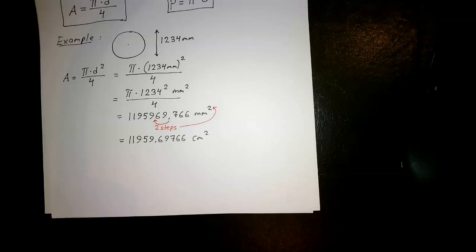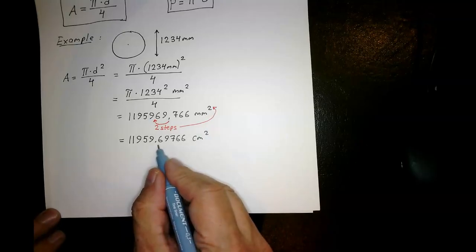So when we are making unit conversions with distance units or length units, we only move one step. The dot or comma will move only one step. But right now we have the exponent 2, so it goes 2 steps to the left.